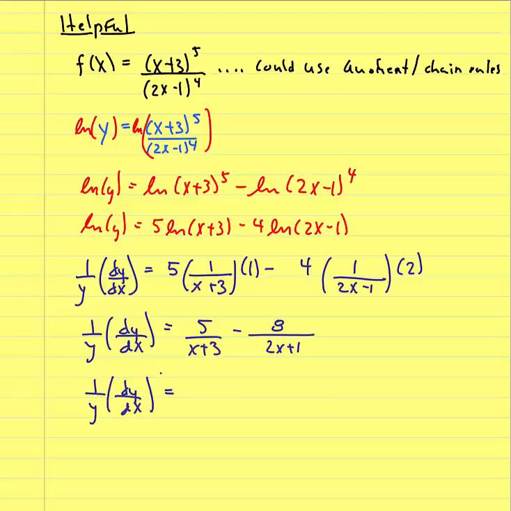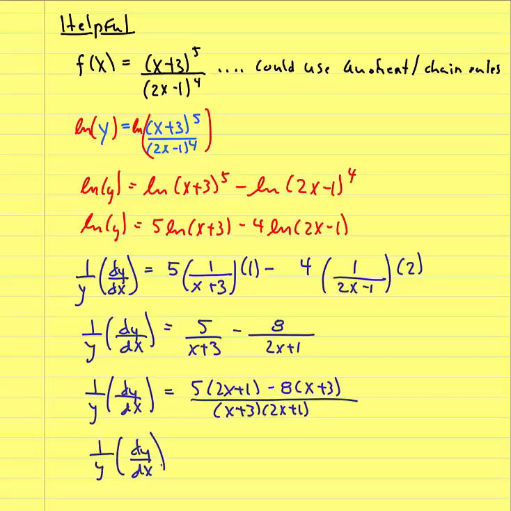And don't drop the left-hand side. I have 5 times (2x minus 1) minus 8 times (x plus 3) all over (x plus 3) times (2x minus 1). Don't drop the left-hand side. It's really important with logarithmic differentiation. So I have 10x minus 5 minus 8x minus 24 all over the product, (x plus 3) times (2x minus 1).